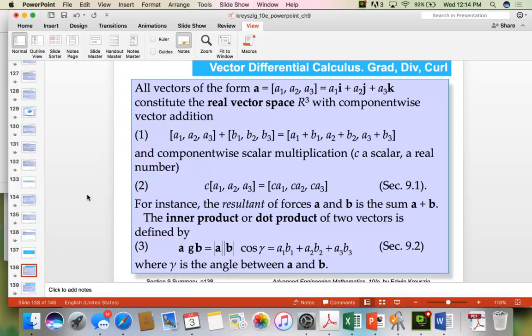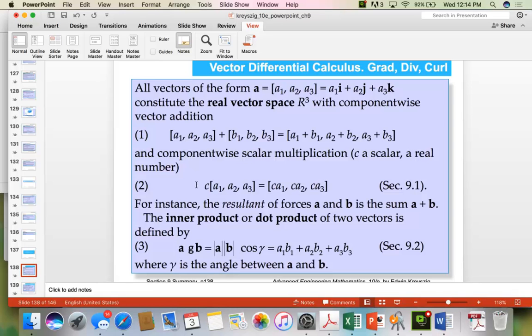So just a summary of vector calculus then, the gradient, the divergence, and the curl. So you have some vector of the form a1, a2, a3 in Cartesian coordinates. It's in real number space. We've looked at vector addition. We've looked at component-wise scalar multiplication.